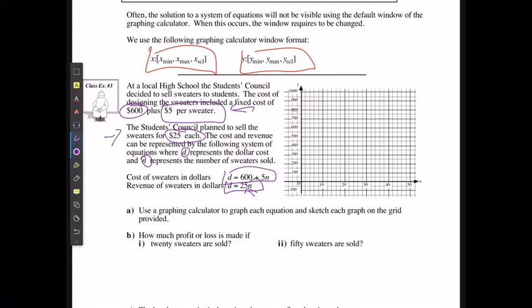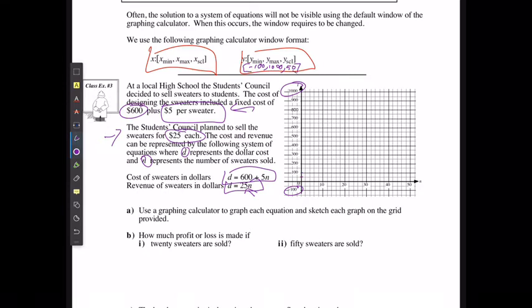Using a graphing calculator to graph each equation and sketch each graph on the grid provided. So the biggest thing is I'm going to have to change my window settings, and you can see here that we have a y max of 1,000. We have a y min of negative 100, and each line is worth 50. So I could say that this is going to be negative 100, positive 1,000, and 50.